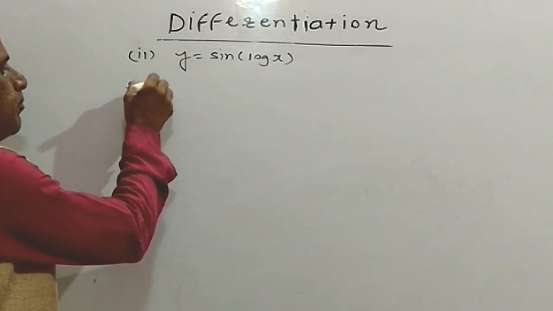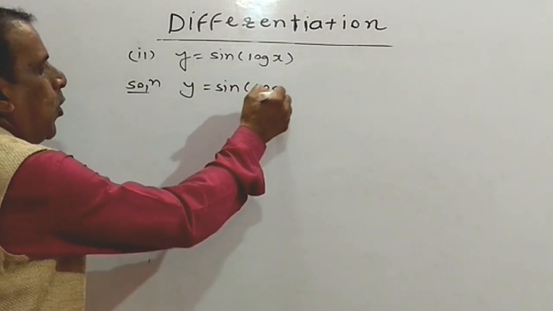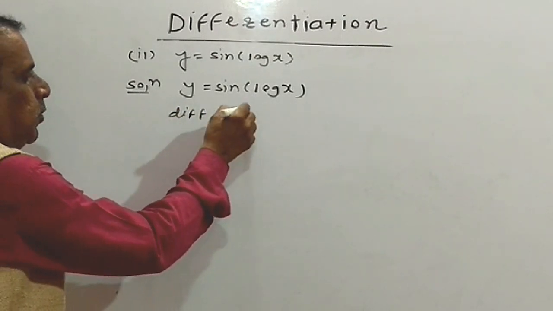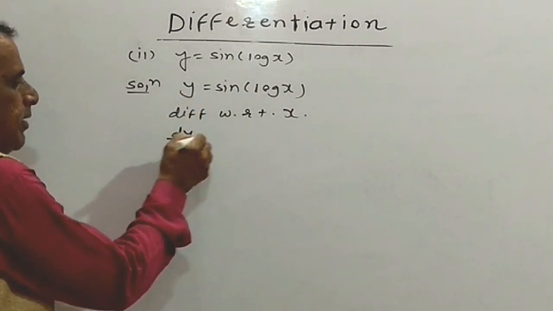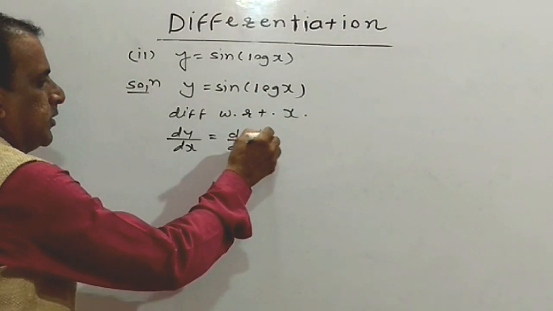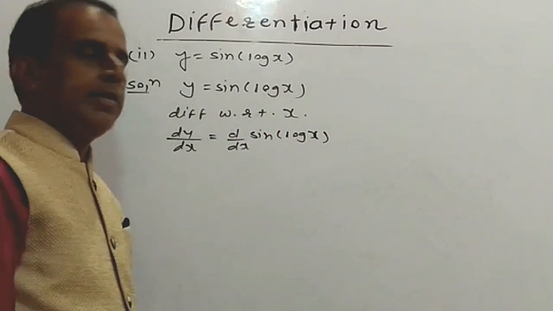Example number second, y is equal to sine of log of x. Solution: y is equal to sine of log of x. Differentiate with respect to x means dy divided by dx is equal to derivative of sine of log of x.